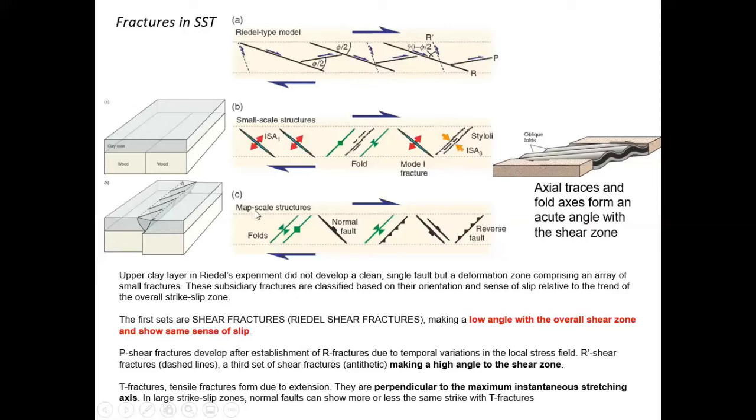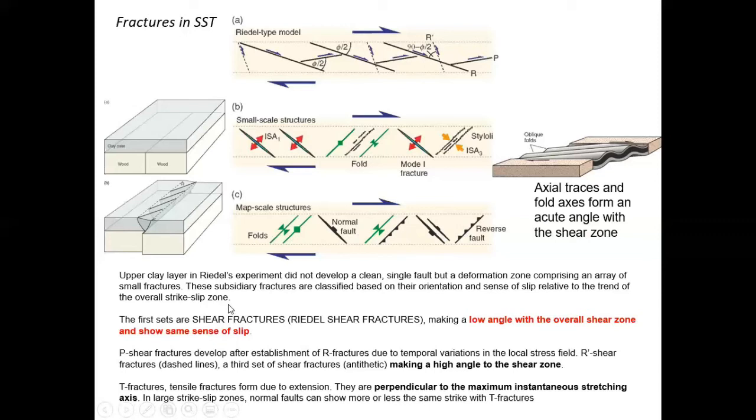Also, from small scale to map scale, if you know the orientation of sigma 1 and sigma 3, you can estimate in what orientation and structural architecture normal faults, reverse faults, detachment faults, thrust faults will align in your project area.